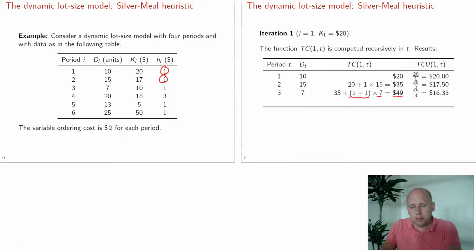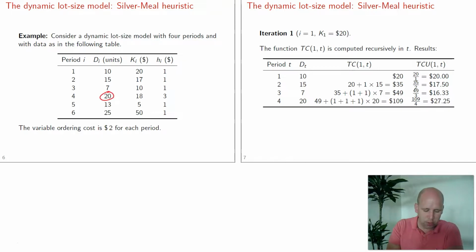And we are still looking for a local minimum. So if we also add the 4th period, so if we then also order for those 20 units already in period 1, then you see that we have to pay a holding cost 3 times. That is then also added. So again, we start with this 49, and then we just add the holding cost for the additional periods that we add, and then we will find 109.